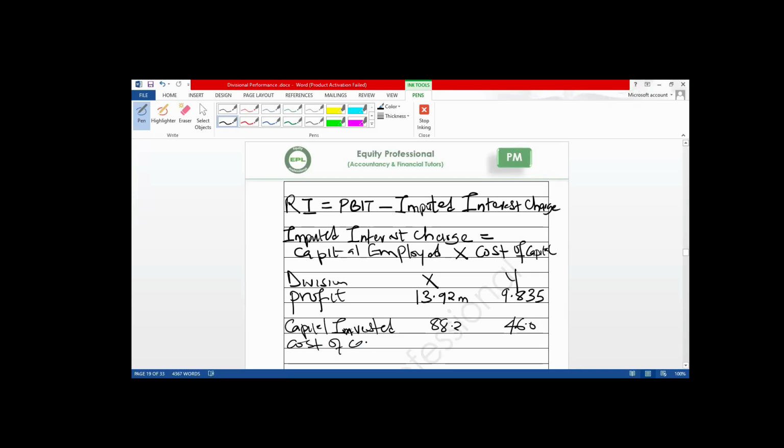Cost of capital for both divisions, 15%, 15%.